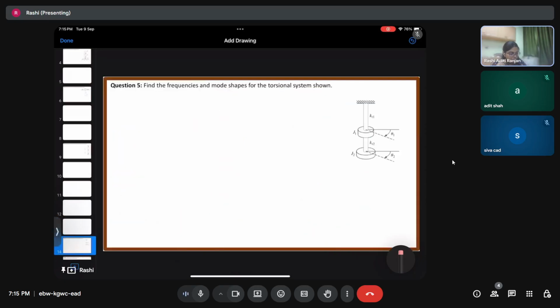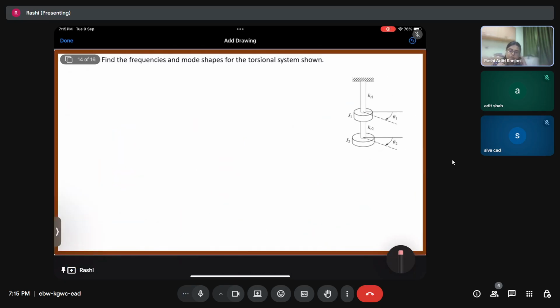So now we'll go to question number 5. Question number 5 is somewhat related to what we did in question number 4. The only difference is that there we discussed a spring mass translation system. Here we have the question about a torsional system wherein the rotation of this disk is happening.